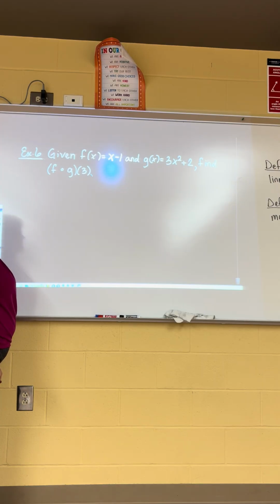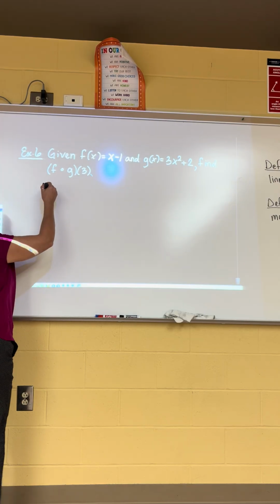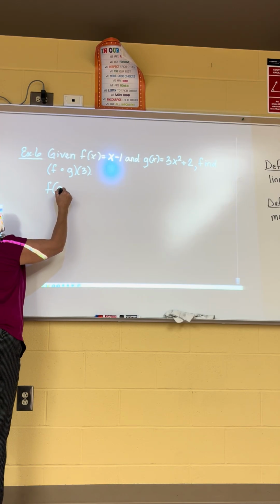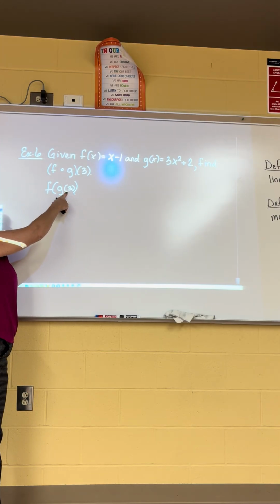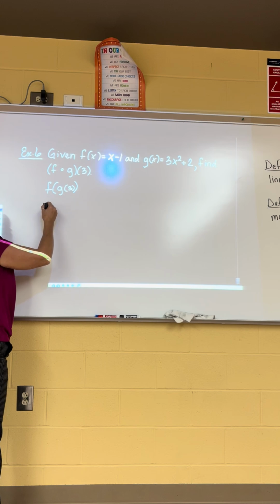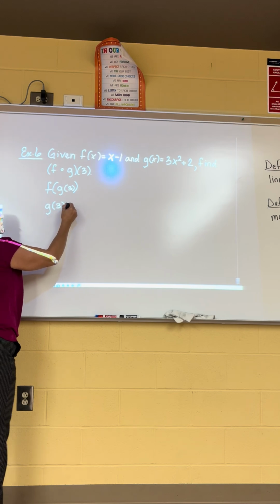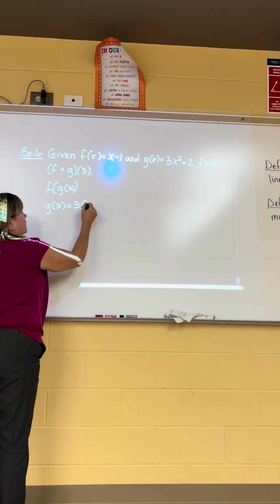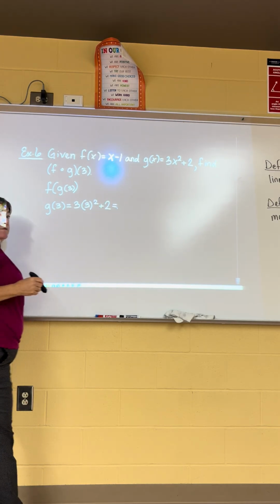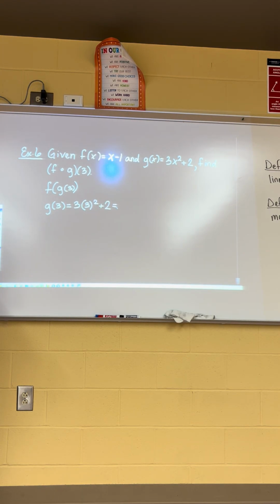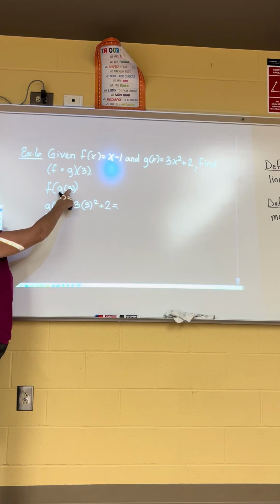Yes. So what we're doing is f of g of 3. So I can take g of x, or do g of 3. Oh, so where x is, you're plugging in 3, just into g.